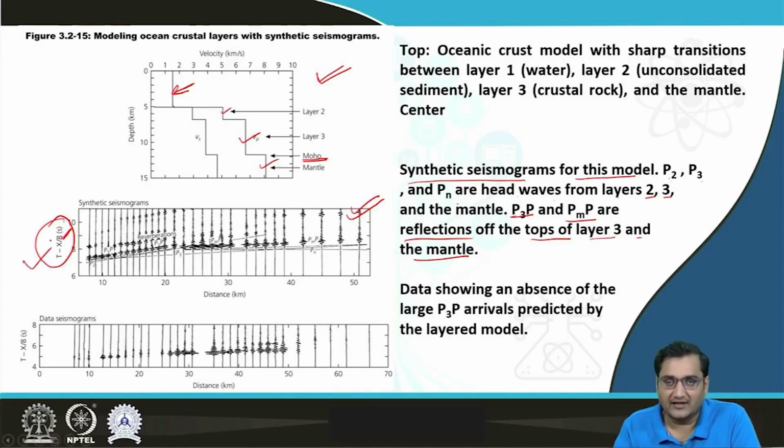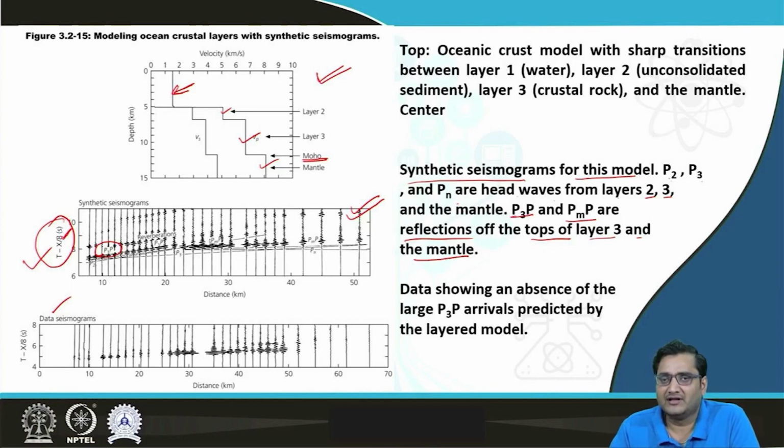Now see the real seismogram plot, that means the data from the real source. Then what you can observe is that the multiples associated with P3P are absent in the real data, which signifies that the transition between layer 2 and layer 3 is not sharp.